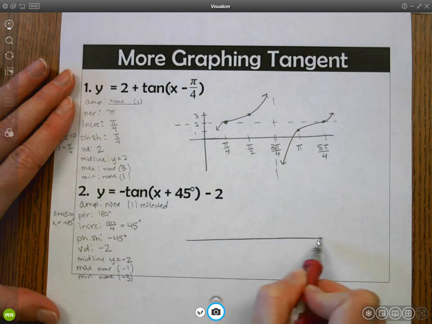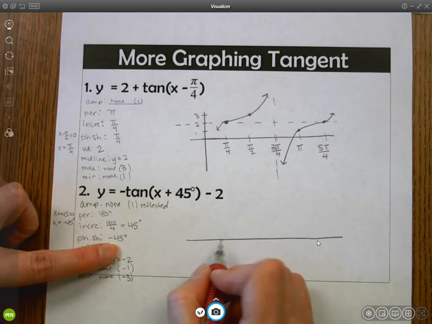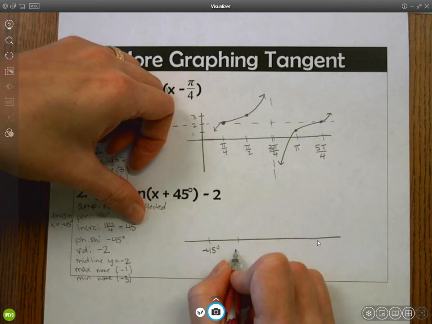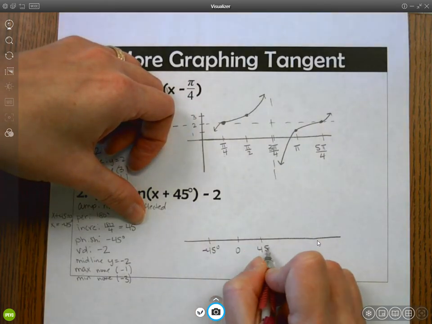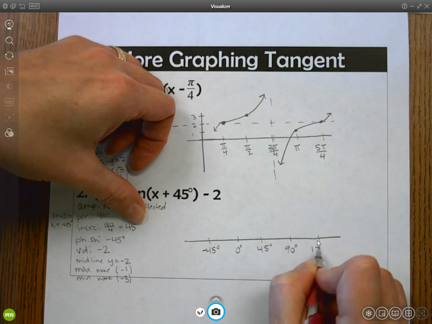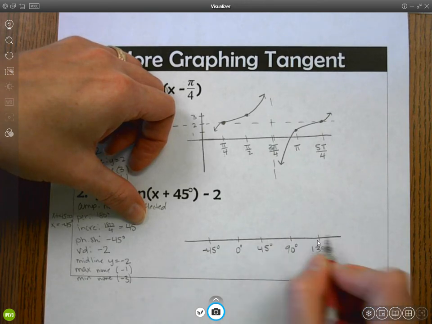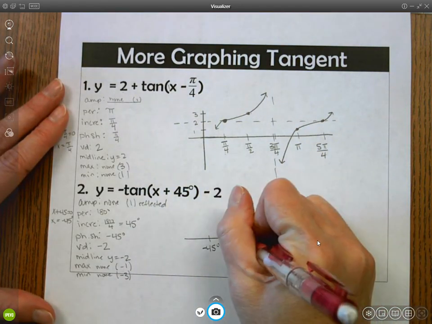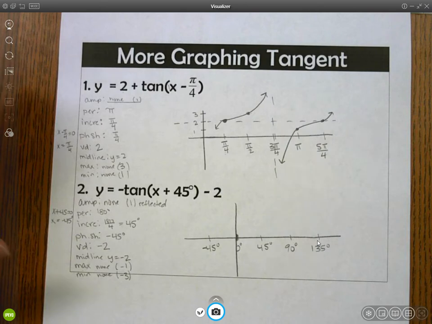Alright, so the x-axis is starting at negative 45, and we're going to count by 45. So 0, 45, 90, 135. Okay, that's 4. Alright, put your y-axis through 0. Pretend like I hit 0.